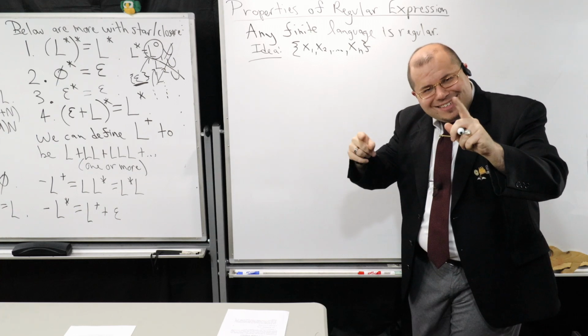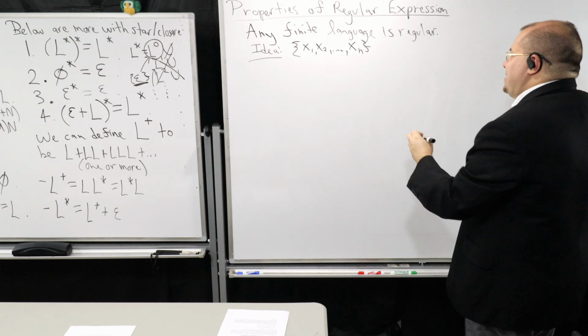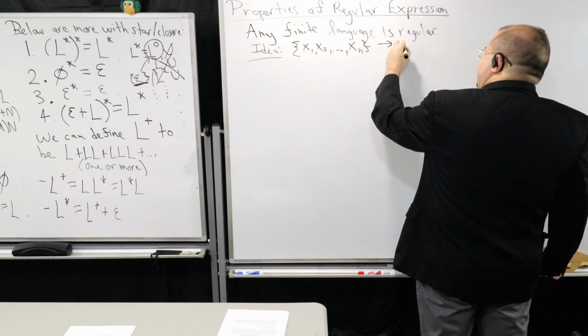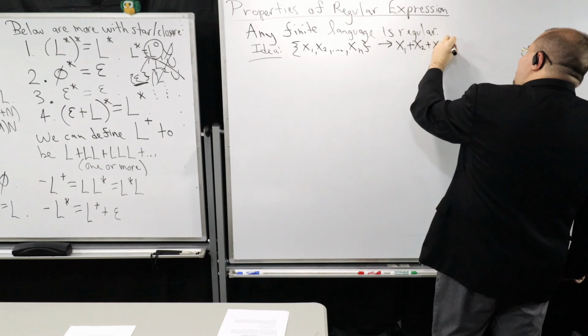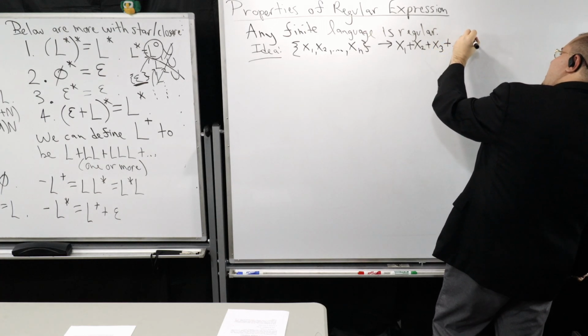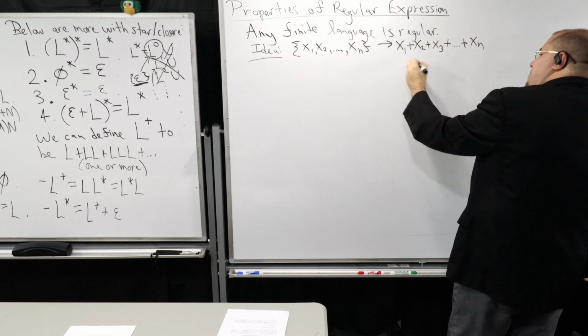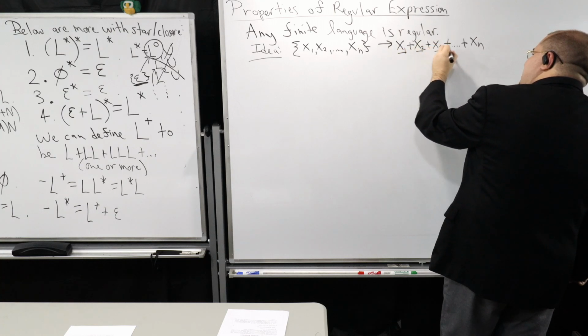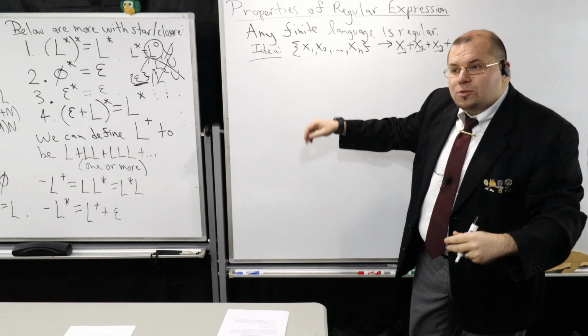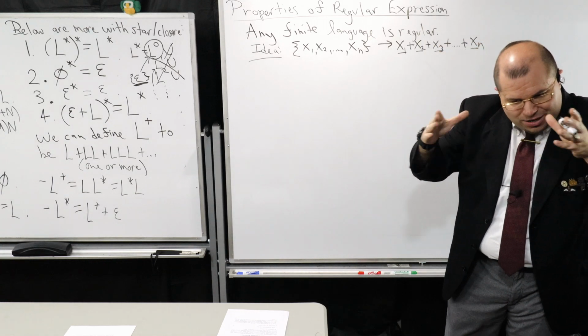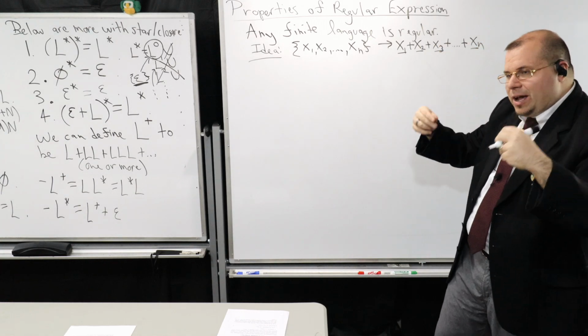Yes, exactly. That's exactly it. Perfect. So notice all I have to do is take x1 union x2 union x3, and I can take all of them. Because you'd agree with me that each one of these is formed from some alphabet, where it's a sequence of symbols from that alphabet.